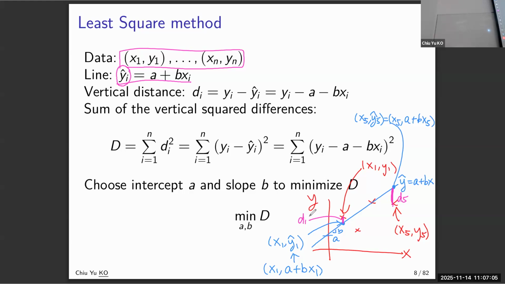Of course, this will be done by a computer, but this is what is behind it, what we call the least square method, the minimum square. The story is that this method was invented by, I think, Gauss, a famous mathematician, who tried to calculate the missing position of a shooting star.